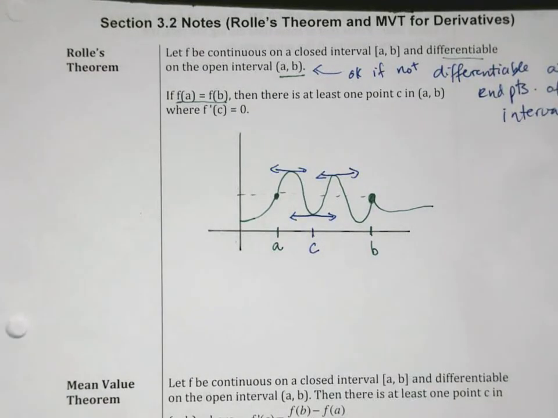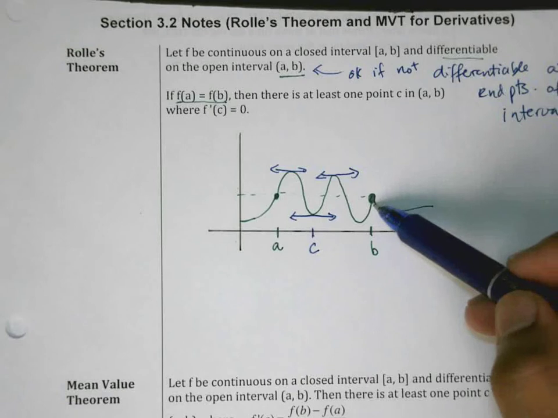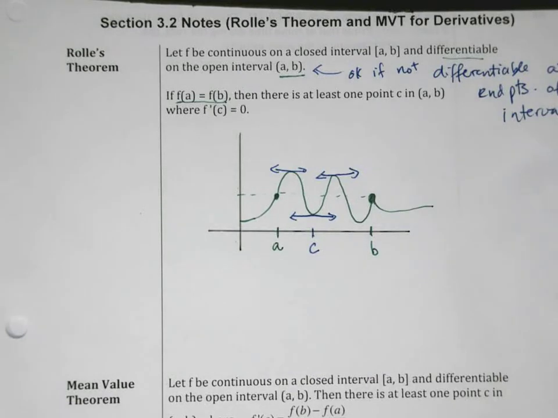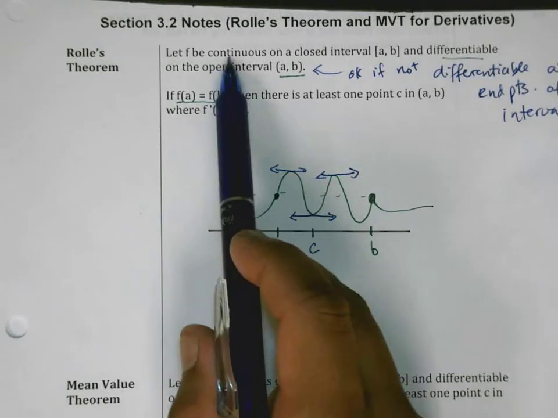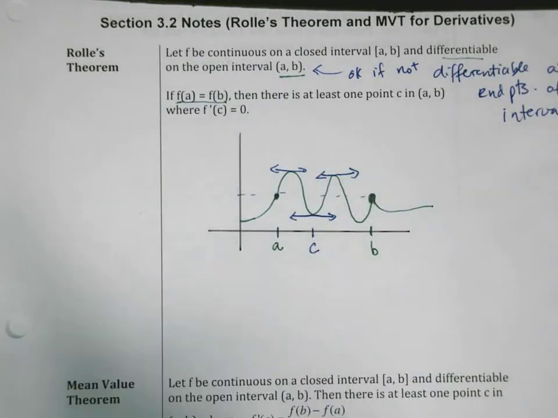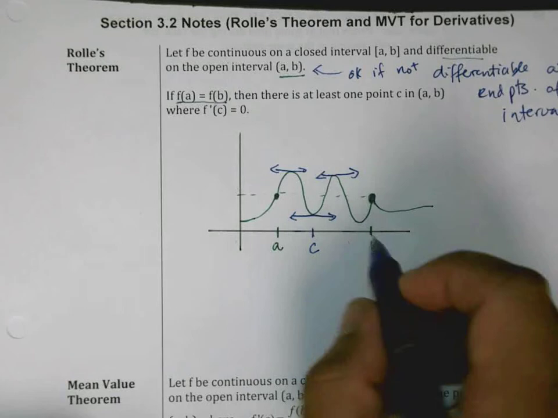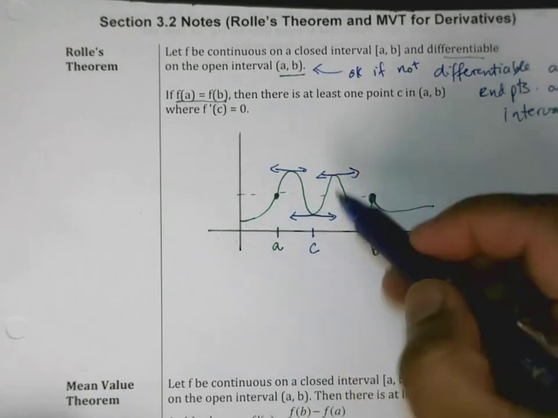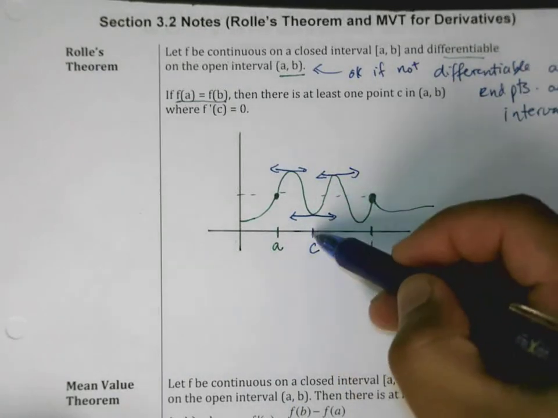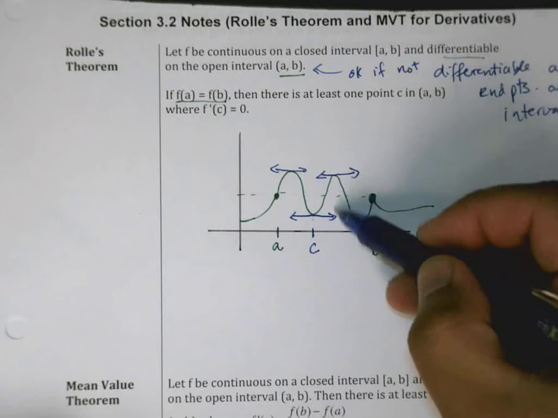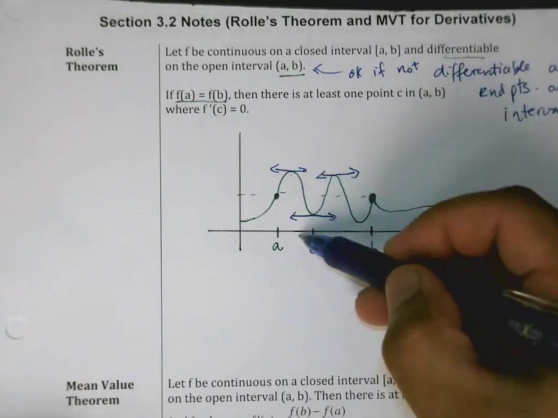At the endpoint, it may not be differentiable, but this theorem still works. So just think about every possible way that you could draw this function according to the conditions, and no matter how you draw it, there exists at least a point. There are actually 3 points here. There's this c, another point here that we can call something else, and another point here that we can call something else. But no matter how you draw it.